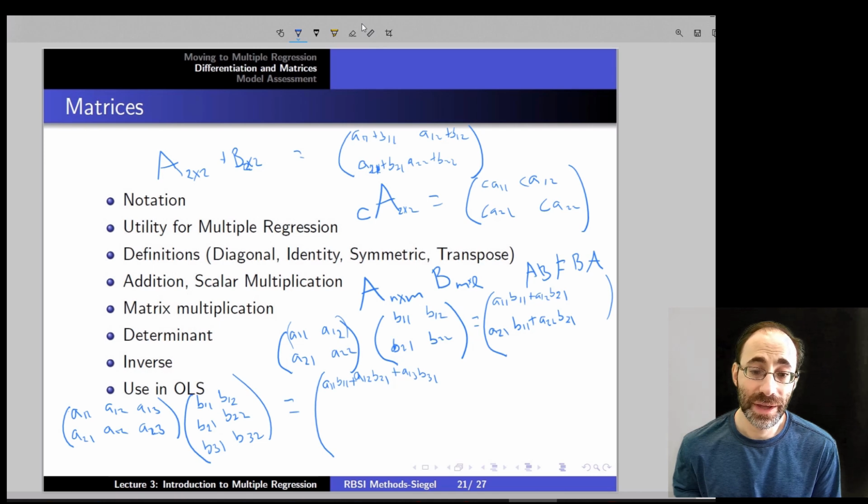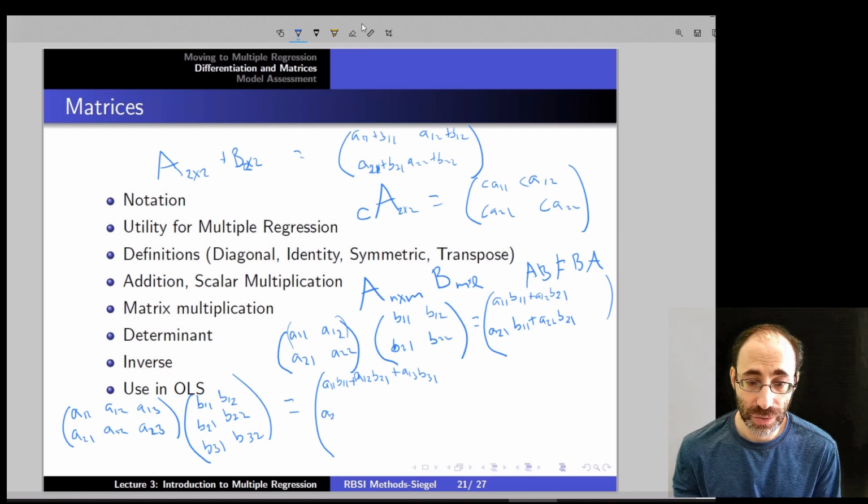And if you're confused where they go, the row index of the A elements, which should be constant through all of these, tells you which row you're in, and the column index of the B matrix, which should be constant through all these, tells you what column you're in.